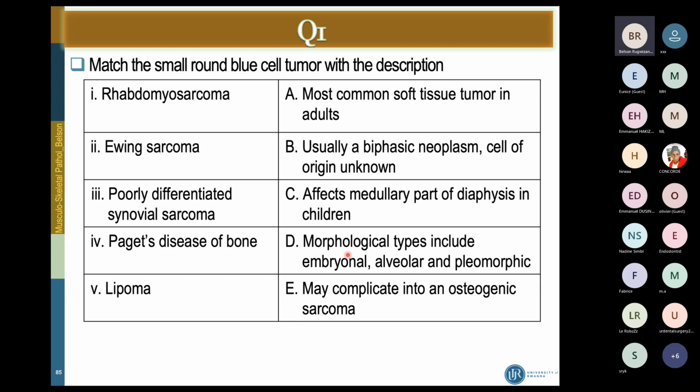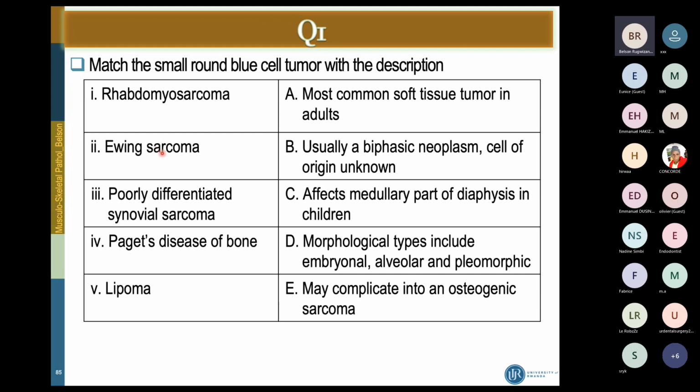Sure. Okay, another person. I think it's so clearly, and we explained more that Paget disease is the one which may complicate into osteosarcoma, because there is a high turnover of osteoblasts and osteoclasts.